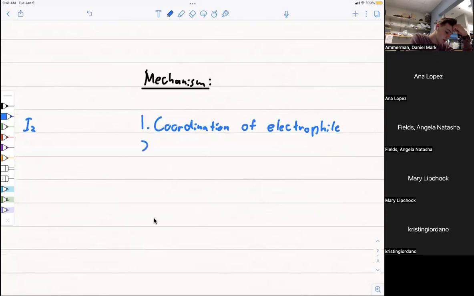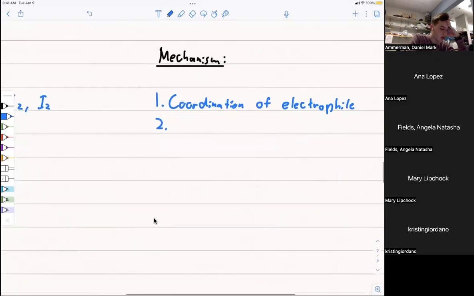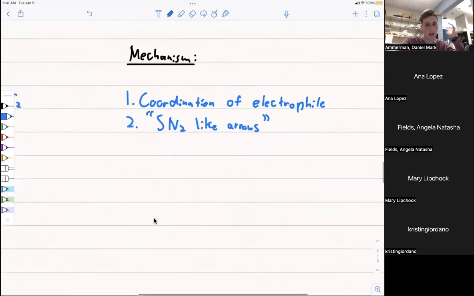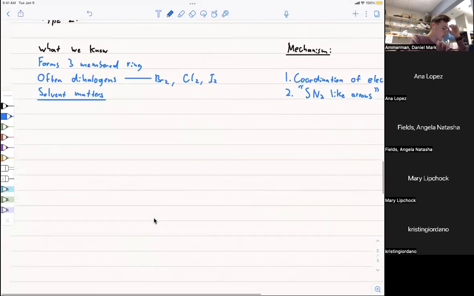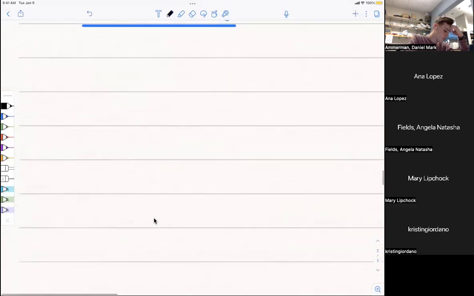And then second is going to be, I'll quote Dr. Barrett, SN2 like arrows. And that's everything. So let's do an example. So we can have this.